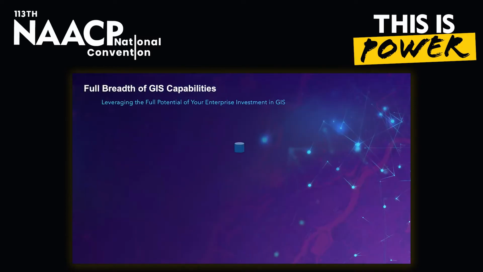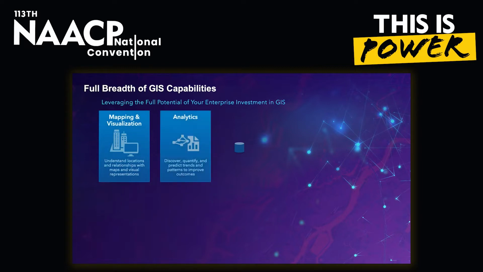The association is working to leverage the full breadth of geospatial capabilities to advance racial justice for Black communities and other marginalized racial groups. You're working to understand the distribution of benefits, burdens, and prosperity. So you need to manage valuable data resources that help you understand where there are barriers to prosperity and where there are opportunities to increase equity.